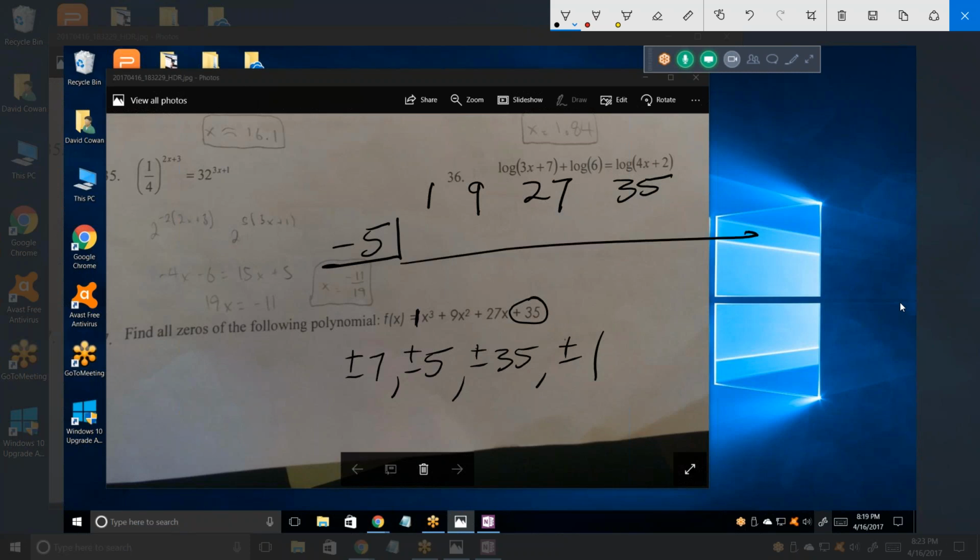What that means is that has to be 0 right there. If I synthetically divide it, what's the first step? Drop the 1. Okay, and then next? 1 times the minus 5. Okay. If you know that, I'll finish it out. I just wanted to make sure you knew the first steps.